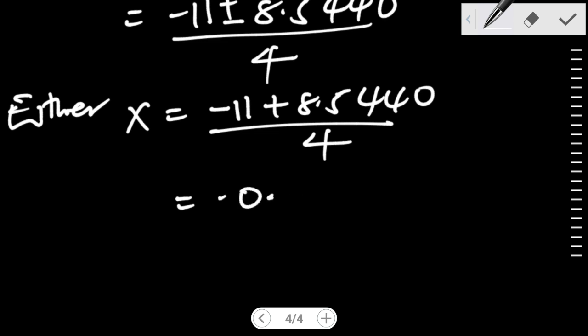This would be equal to negative 0.614 as our first x.